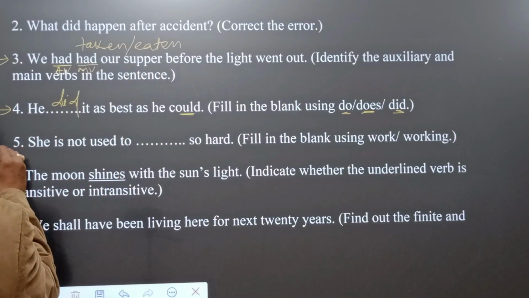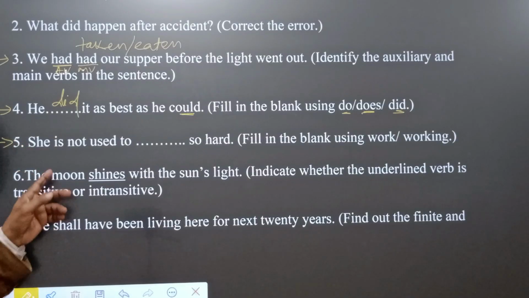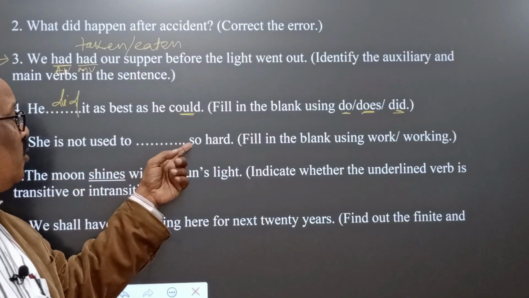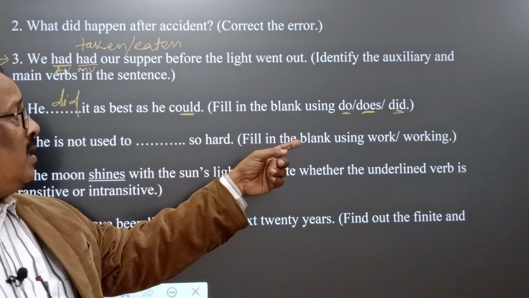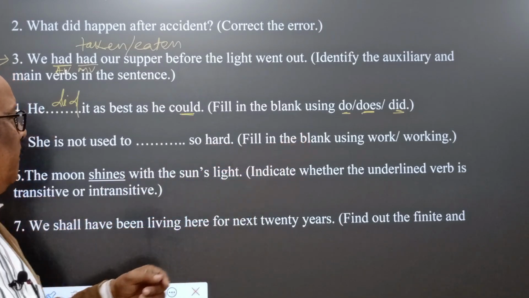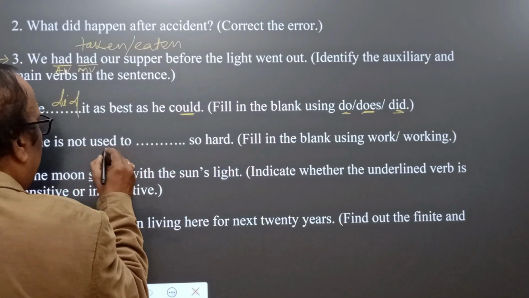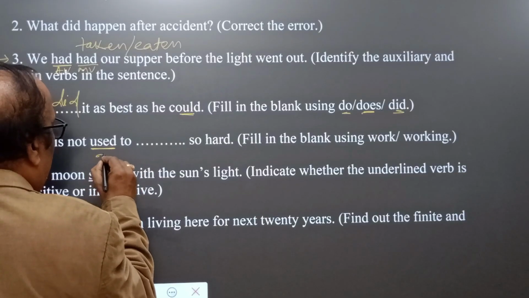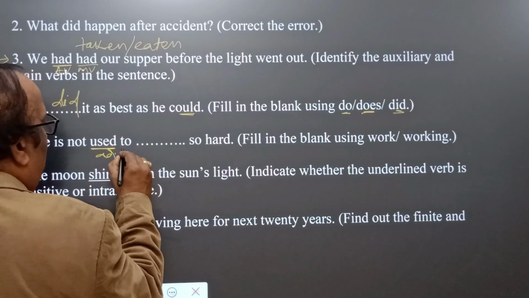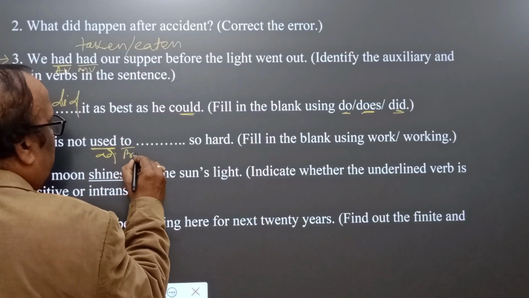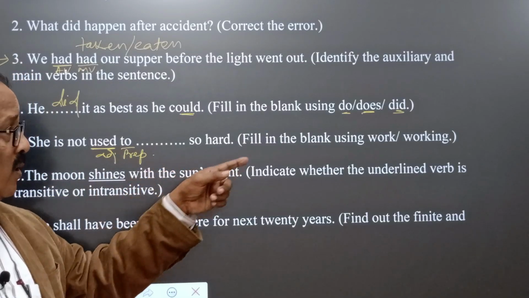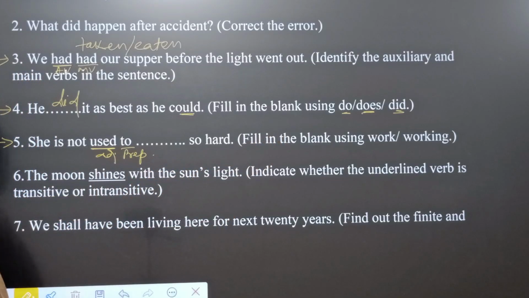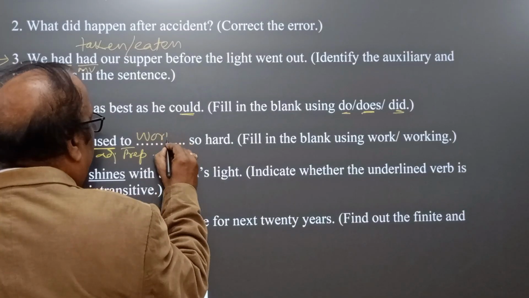Question number 5. She is not used to blank so hard. Here, fill in the blank using work or working. Remember, she is not used. Here, used is the adjective and to is the preposition, and therefore, after preposition, we use the ing verb form, working.